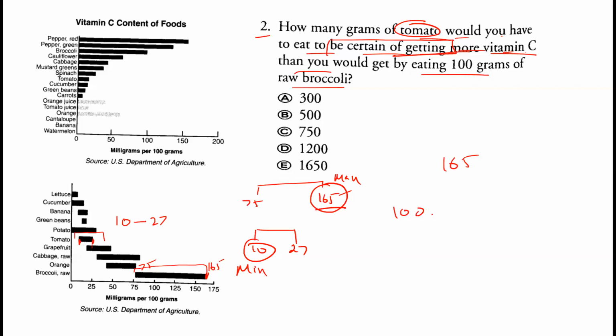On 100 grams of tomato, we get 10 milligrams of vitamin C. So how much do we need to eat? We need to get 165. So we need to eat 1650 grams, so that we have 165 milligrams of vitamin C. Now, how can you do this? You need to get 165, because this is what you get when you eat a broccoli.